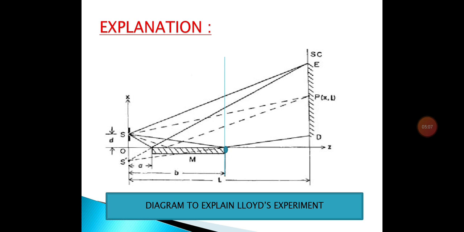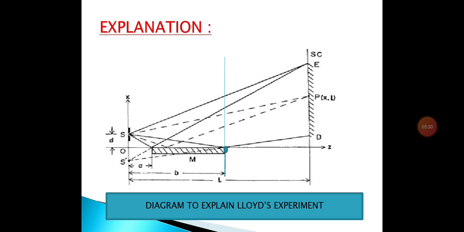Now, since I have obtained the dark fringe, it means that I am getting waves from both sources S and S dash, but they are interfering destructively. It means that the crest from one wave is falling on the trough of the other wave. This is the condition of destructive interference.